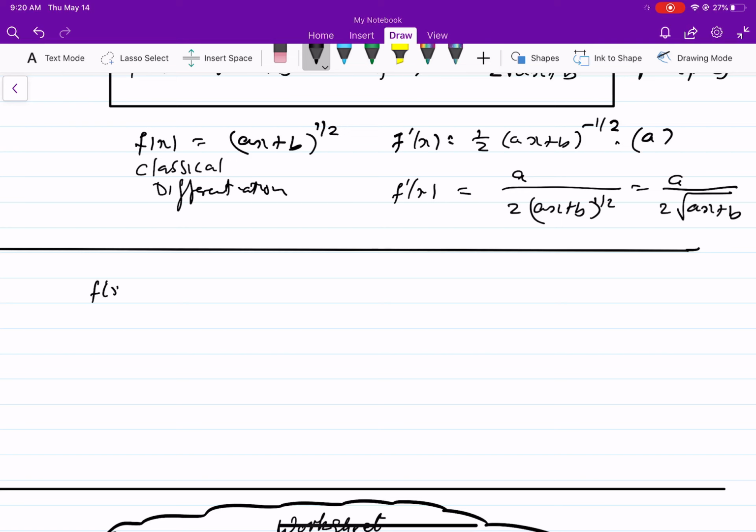f of x, 1 upon the root of b minus ax. If I throw it up, it'll be b minus ax to the minus a half, which is minus a half into b minus ax to the minus 3 halves.